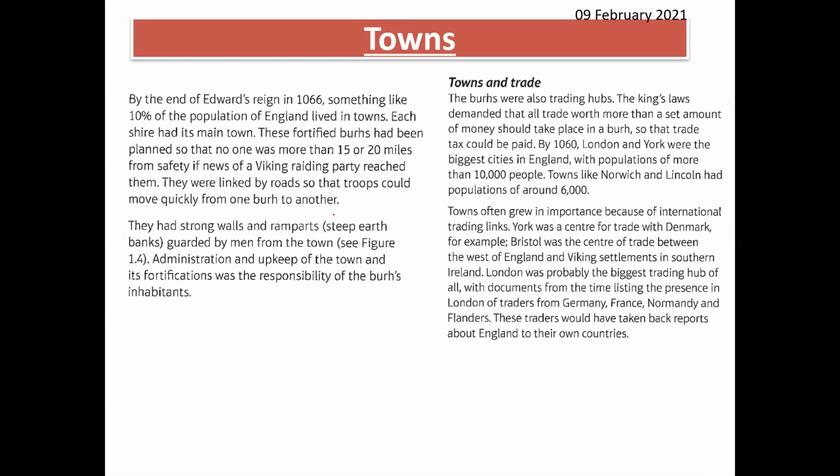So by the end of Edward's reign in 1066, something like 10% of the population were living in towns. Every shire had a main town, and these were normally old chesters, old Roman towns that existed before Anglo-Saxon times and had been established by the Roman legionaries.